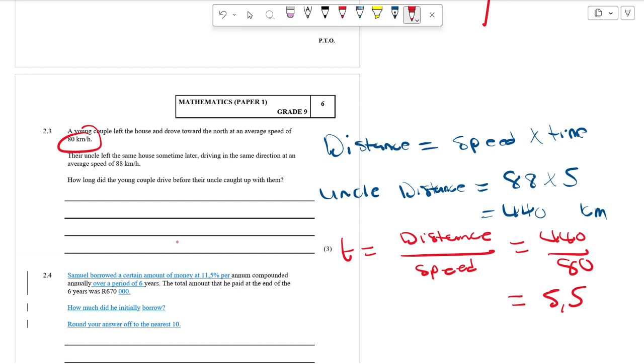So how long did the young couple drive before their uncle? Let's say the uncle started driving 5, so the young couple was at 5,5. What is the difference between 5,5 and 5? It's 0,5. So they drove 0,5 hour before the uncle.